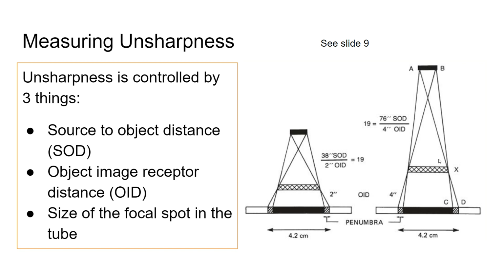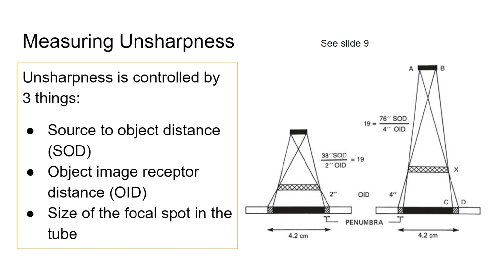Then you have your OID, and we said our OID is from the object to the image receptor. And it's not shown here, but we also know, just for the record, SID is from the source to the image receptor.